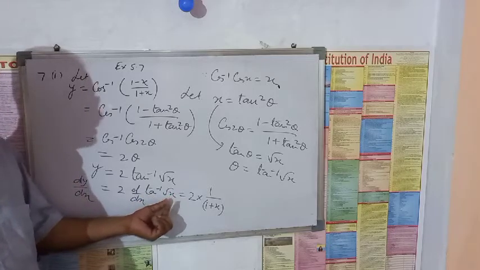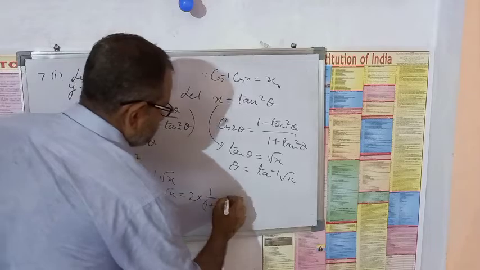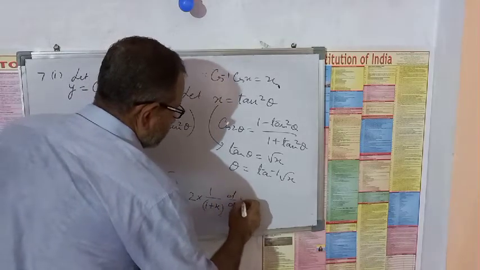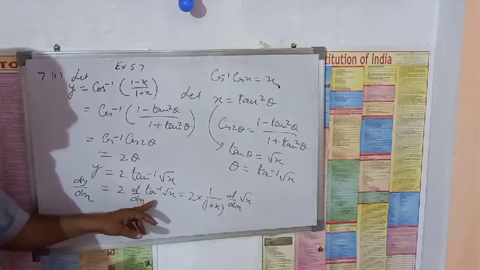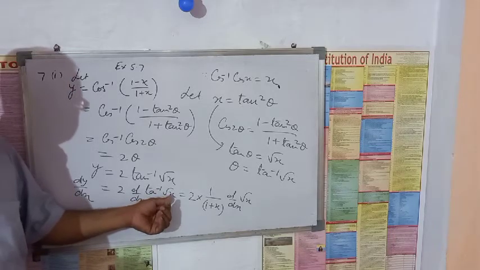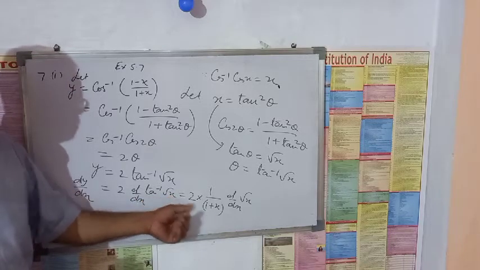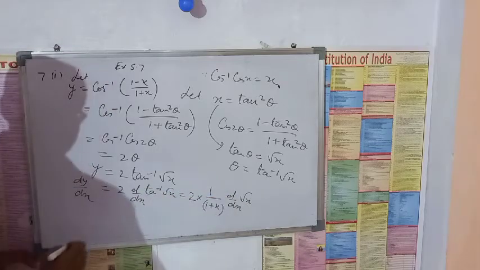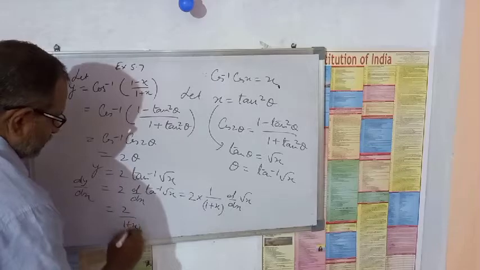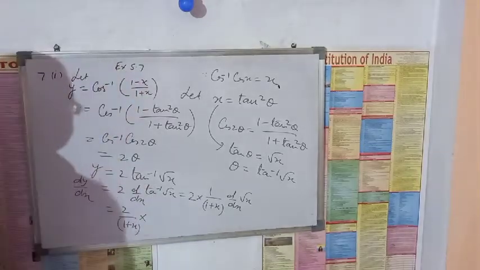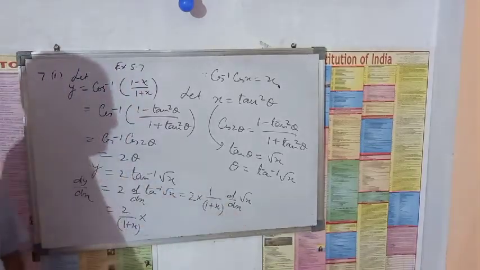Now we will differentiate root x. So we have to apply here the chain rule. Firstly differentiate the tan inverse outer function, then differentiate root x. So it is 2 upon 1 plus x. What is the derivative of root x?